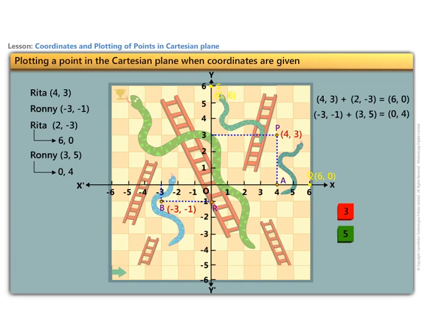That is, if x is not equal to y, then the position of (x, y) in the Cartesian plane is different from the position of (y, x). So, the order of x and y is important in (x, y). That is, the ordered pair (x, y) is not equal to the ordered pair (y, x) if x is not equal to y.